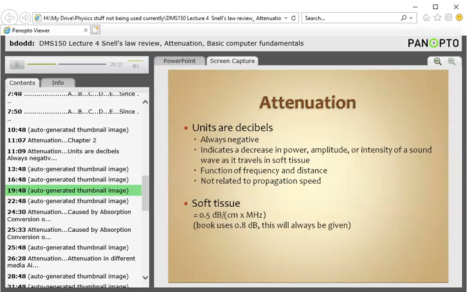So it becomes real easy. It's 5 times 0.5 is 2.5. The megahertz will cancel, so we're left with 2.5 times 20, which is, we're back to what, 50 dB?